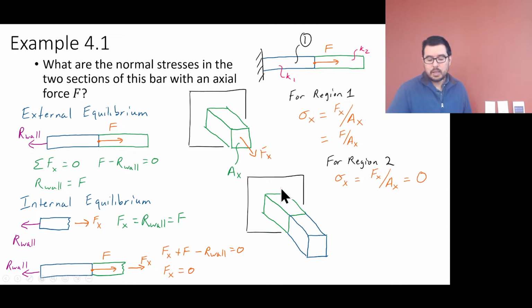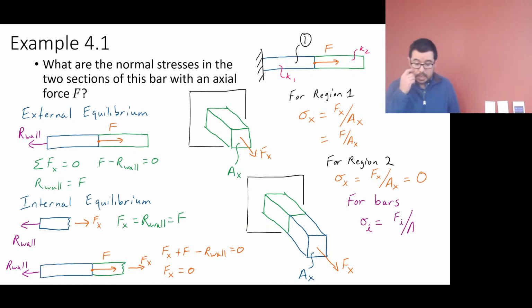So Fx, Ax, these are normal stresses. F is acting in the same direction as A. And as a general rule, it's just match the indices and take the quotient.